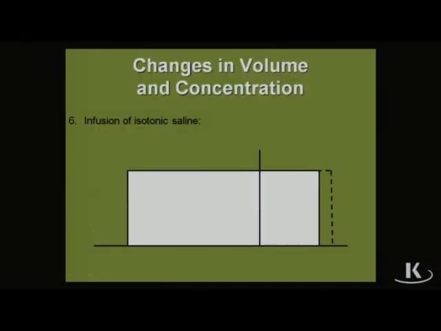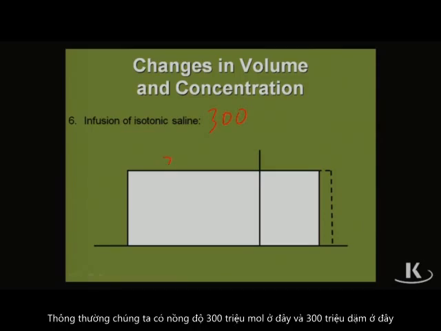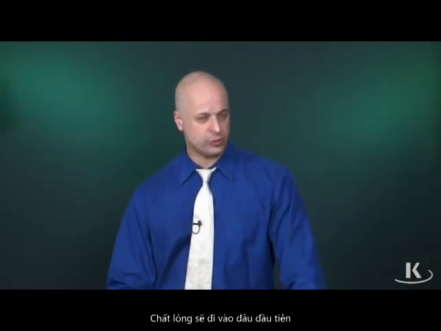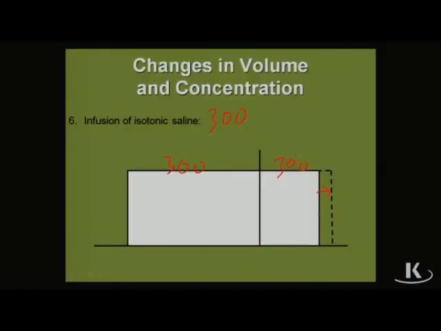Now, this next slide shows what's the effect of infusing isotonic saline. In isotonic saline, which is to say 300 milliosmoles, we have normally a concentration of 300 milliosmoles here and 300 milliosmoles here. If we infuse isotonic saline, where will the fluid go first? It will go into the extracellular fluid volume. To be very precise, it gives you plasma volume.